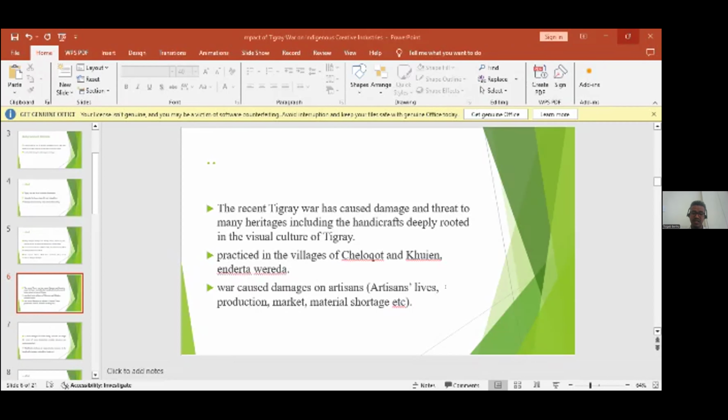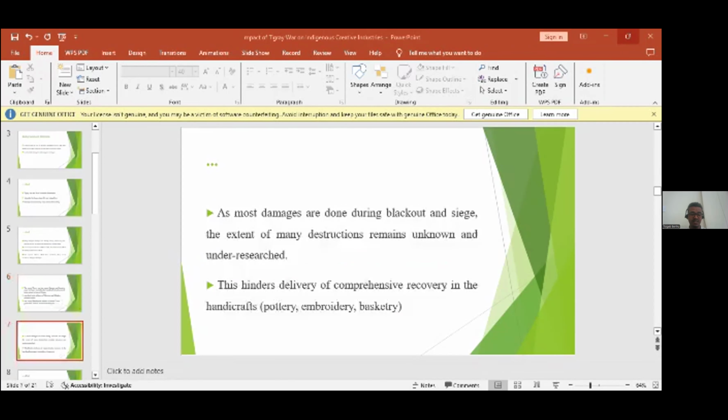The war caused damage to the artisans' lives, to the production and marketing, to the dissemination of these artifacts to different places, and to other aspects of the business or the industries. What makes it very hard is that the damages were done within blackout and siege.